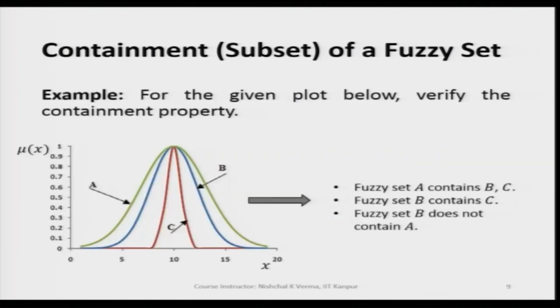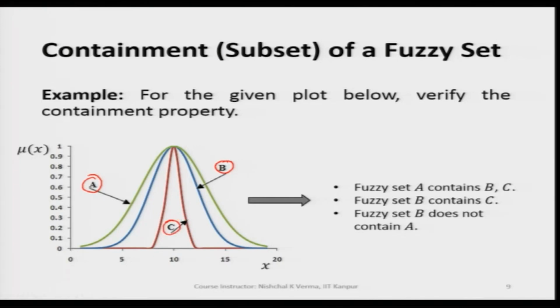Now, let us understand this a little bit more clearly with this example. We have here a diagram, and in this diagram we have three fuzzy sets. Fuzzy set A is shown in green color. The B fuzzy set is shown in blue color, and C fuzzy set is shown in red color.